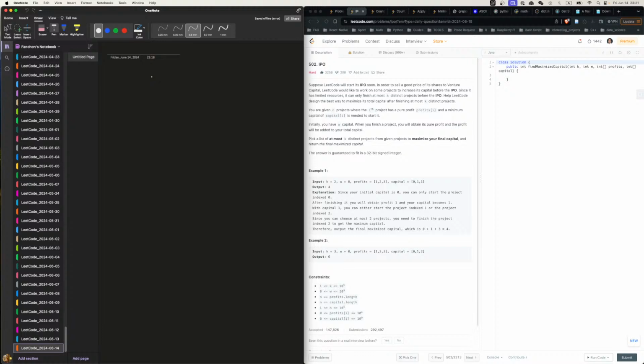I think it should be sort based on capital, right? Sort based on capital. So we have capital and profits. Okay, so we sort based on this. So we have 0 and we have 1. Then 1 we have 3, and then 1 we have 2, right? So we're gonna sort.